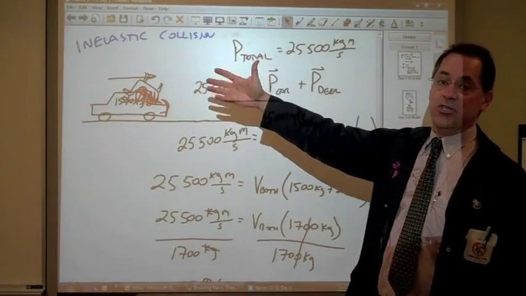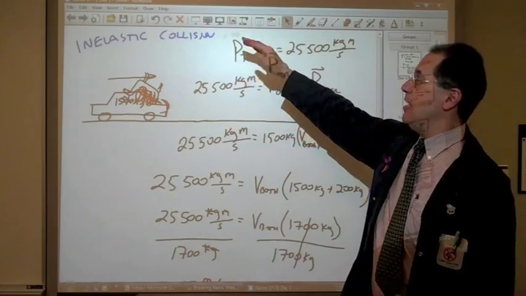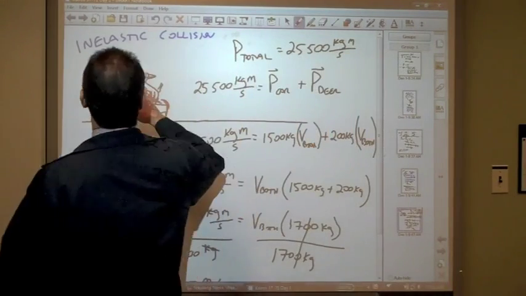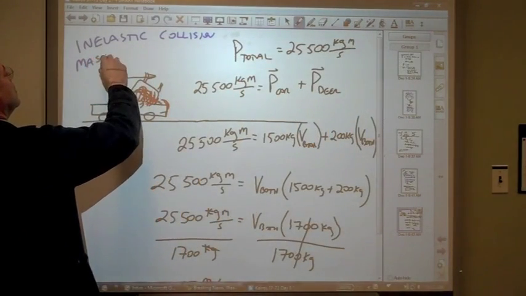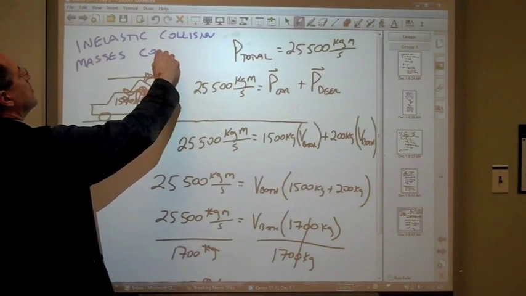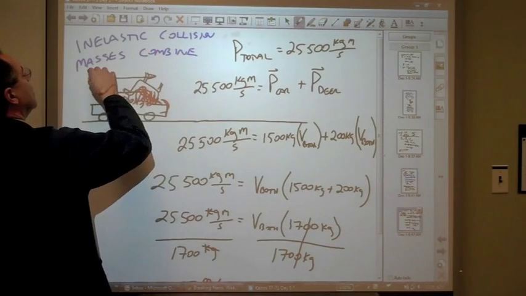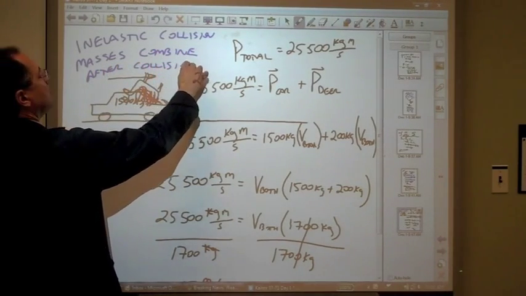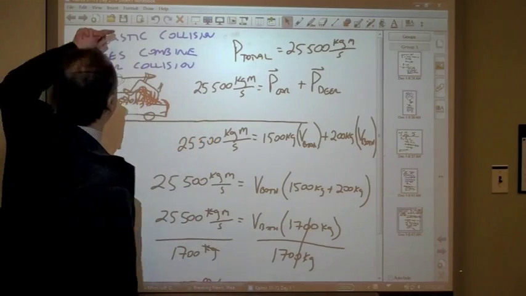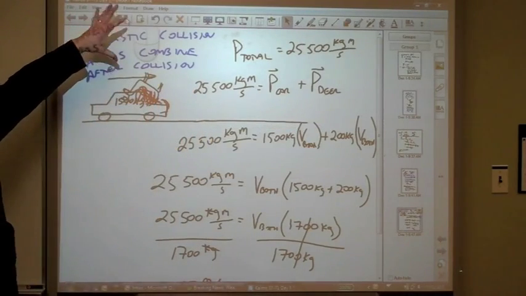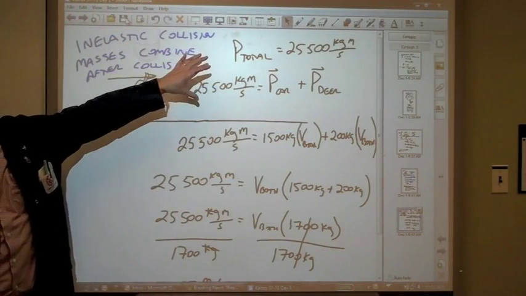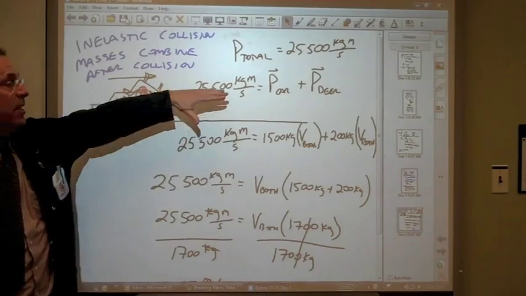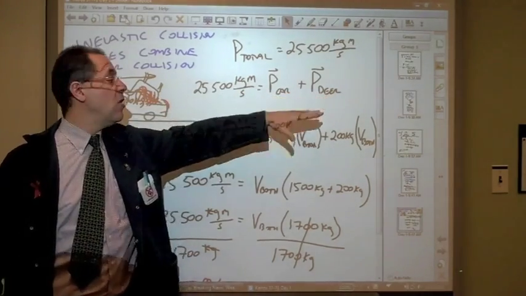We didn't define this yesterday, but now we can, as saying that the masses combine after collision. So the same momentum before, 25,500, is still the same after. But now it's spread over both objects, the car and the deer.